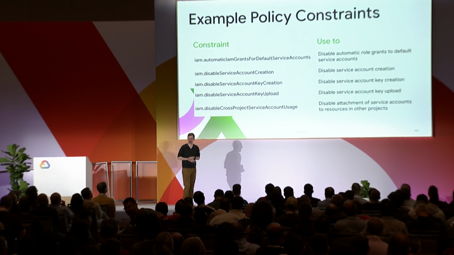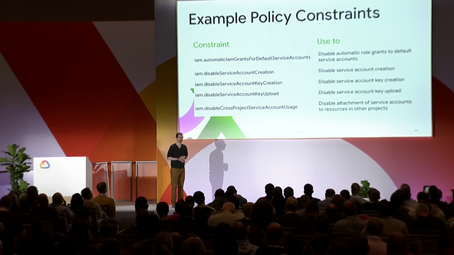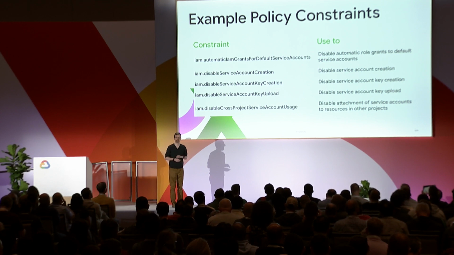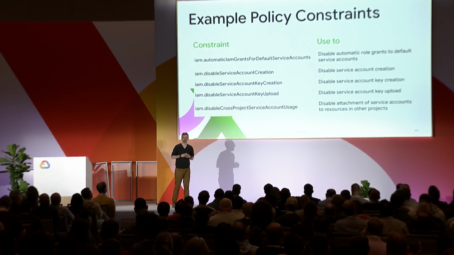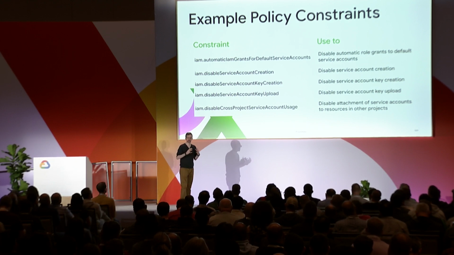Some other examples are the ability to disable service account creation. For example, you may want to centralize service account creation and management within your organization to one particular security team or to your SRE teams. This means anybody acting within a project can't just create service accounts and give them roles.